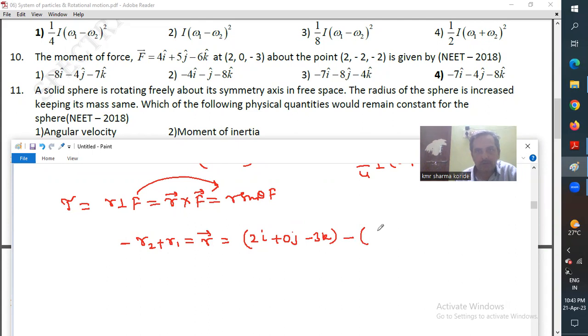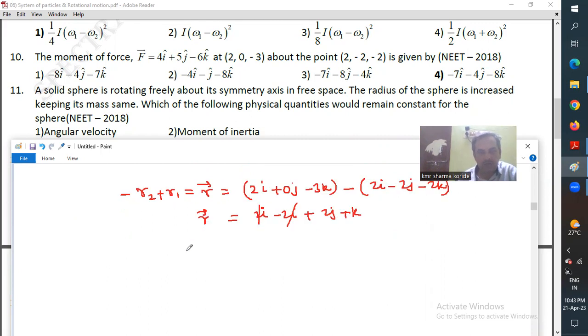So this is 2i minus 2j minus 2k. So 2i minus 2i, plus this is 2j. This is minus 3k, this is plus 2k, this is plus k. These two get cancelled. So therefore R.